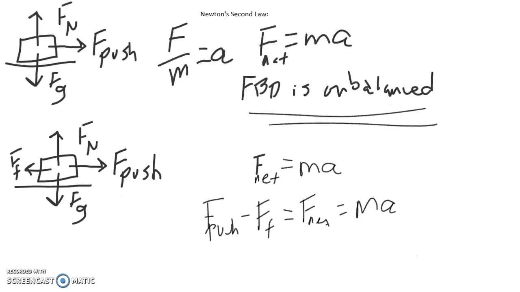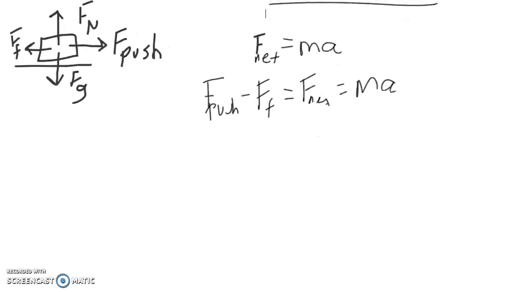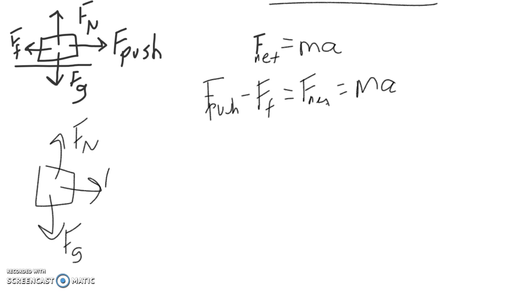But what if that friction force was stronger and was able to actually match our push, such that the free body diagram with gravity, the normal force, our push, and the new friction force is now balanced.